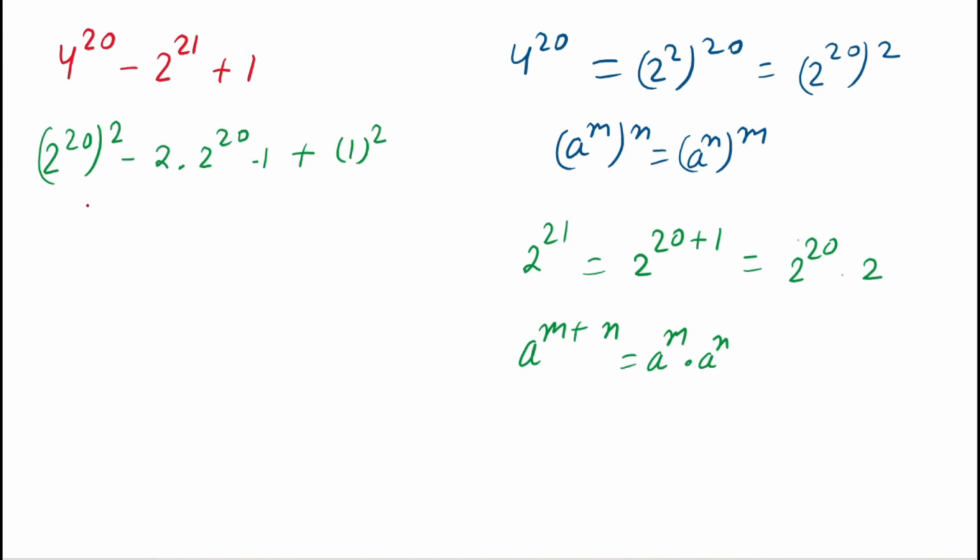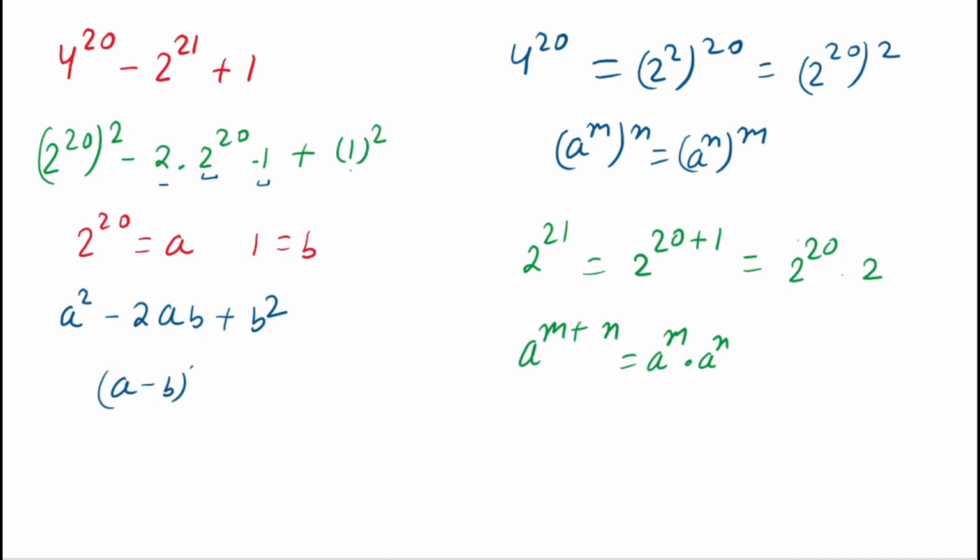Now if we substitute 2^20 equals a, and 1 equals b, then 2^20 is replaced by a squared, minus 2, and 2^20 is the same as a, and this one is b, plus b squared. a squared minus 2ab plus b squared is (a - b) whole squared.